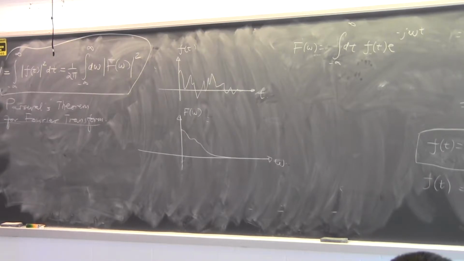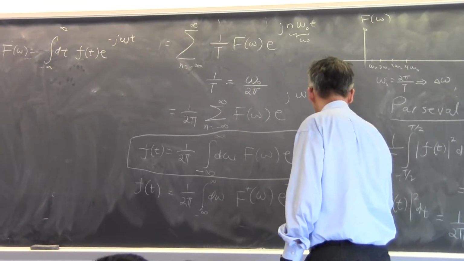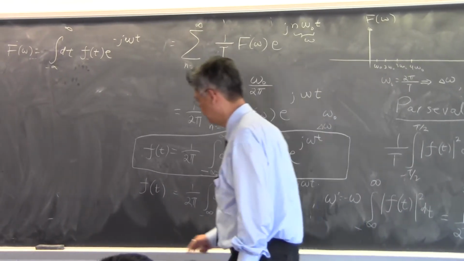But then, this integral looks surprisingly like the first one. Why don't I do a change of variables, letting omega prime equal minus omega?